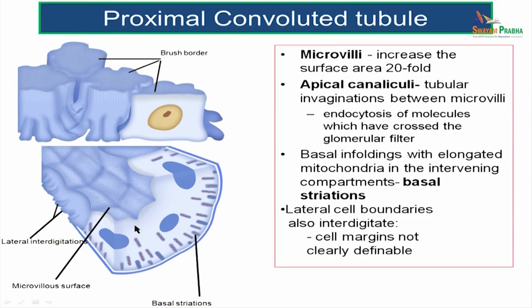Also, in the cuboidal cell, you can see some basal infoldings with mitochondria between them. These are called basal striations, seen in the cells of the PCT. Also, lateral cell boundaries interdigitate, that means cell margins are not clearly definable.